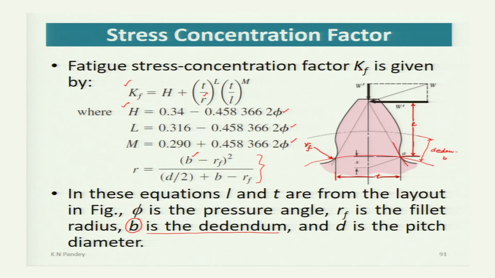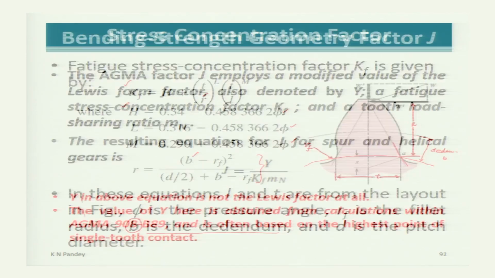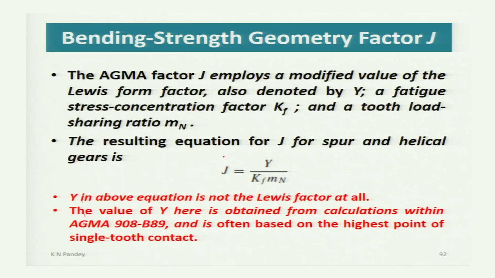So, this Kf was found from this. The AGMA geometry factor J employs a modified value of the Lewis form factor. This Y is not the Lewis form factor which we studied, it is a modified value of the Lewis form factor, and this is based on the highest point of single tooth contact.